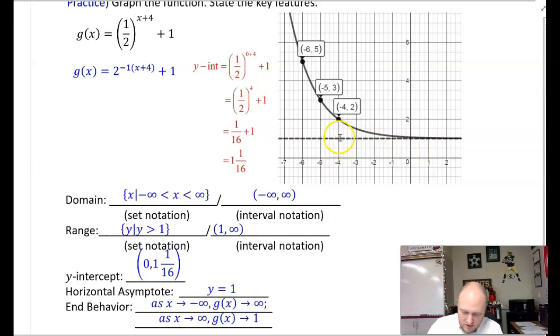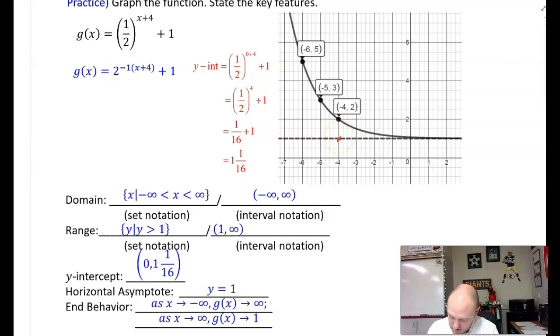So this is going to be your pseudo horizontal asymptote, which is left 4 up 1. And then you can see the points, right? So right 1 up a half, up 1, left 1 up 2, left 2 up 4, and then left 3 up 8, which may or may not be on your graph.